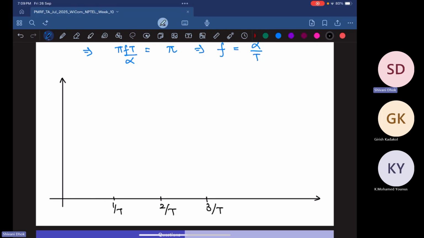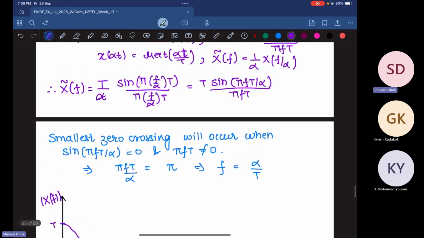The magnitude of X of f was, we have a T here, and it goes to 0 at 1 by T, and so on. Something like this we have. Okay, now this also I'll just rearrange a little bit. I'll just multiply and divide by alpha. Yeah, like this. Okay.